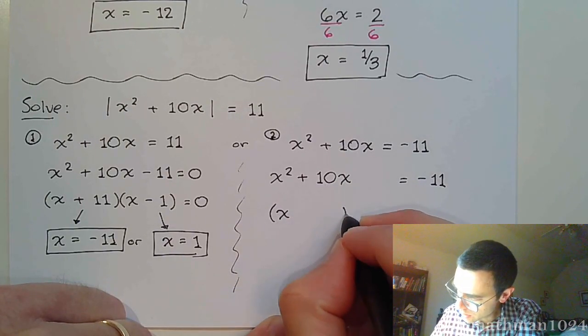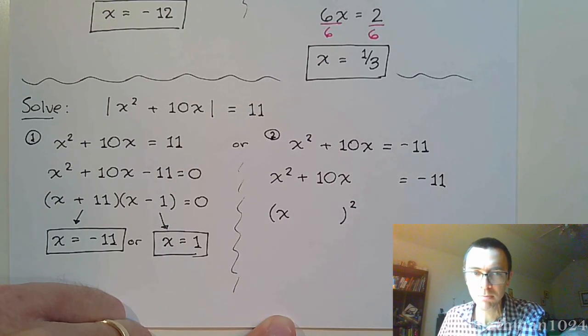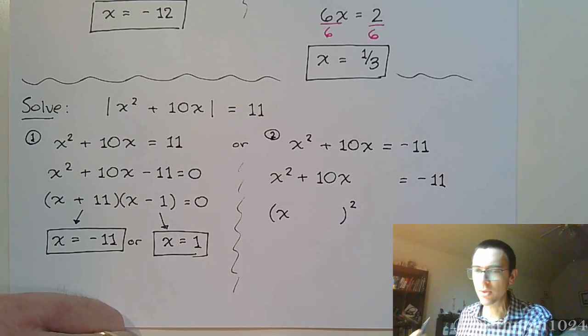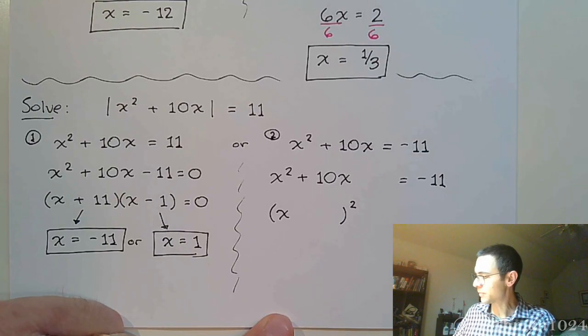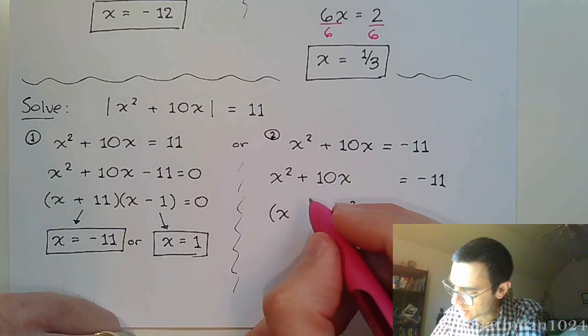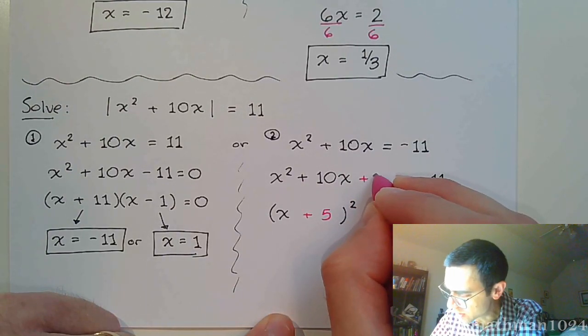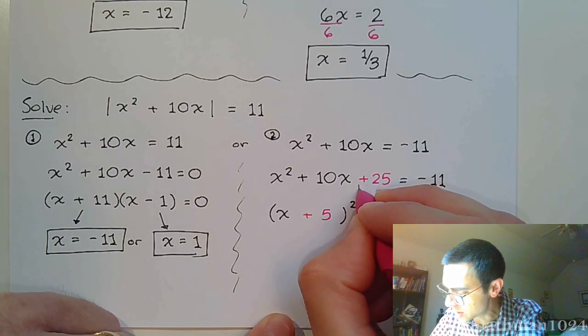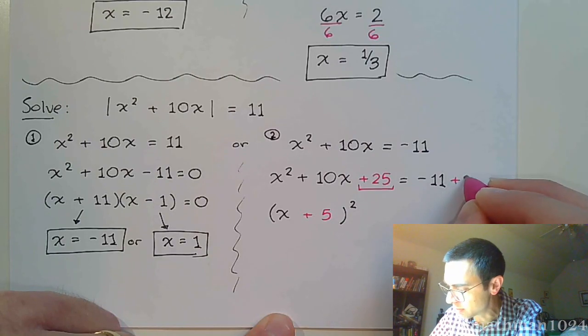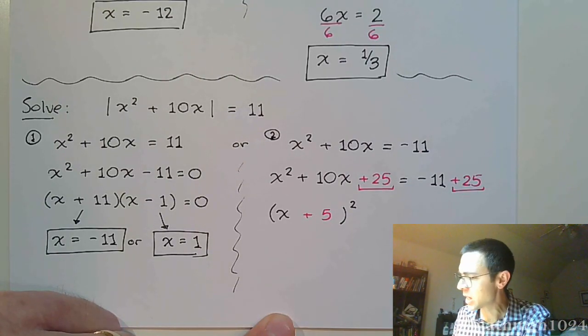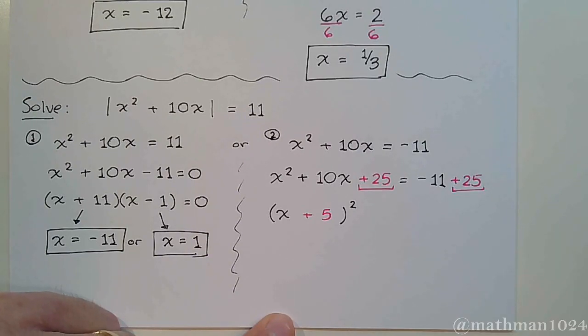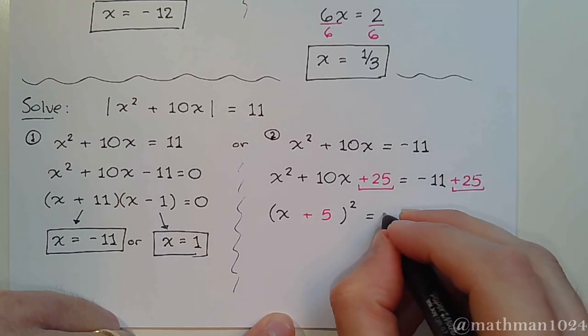So we know that we can complete the square without causing a big headache. So half of 10 is 5. 5 squared is 25. So that's what we add to both sides of the equation to complete the square. Just like that. All right. So on the right side we get 14.